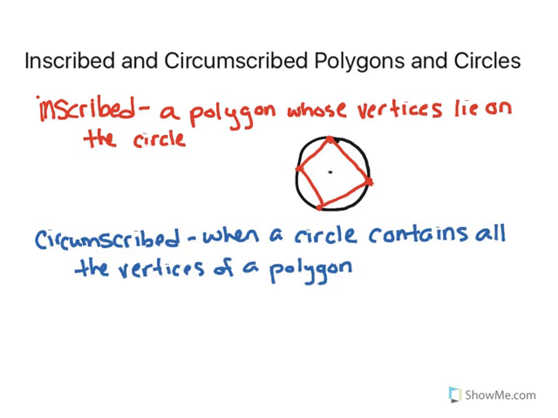Circumscribed is pretty similar to what inscribed means, except it's mainly talking about the circle being on the inside of a polygon instead. To understand circumscribed a little bit better, go back up to the picture we just talked about. Notice that it's the polygon that's inside the circle.